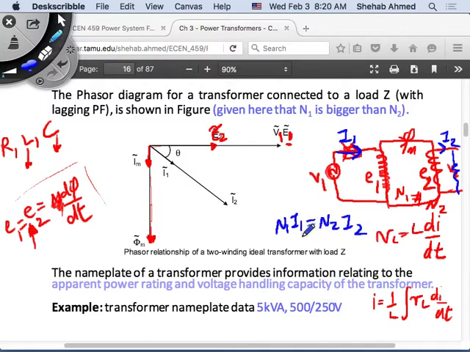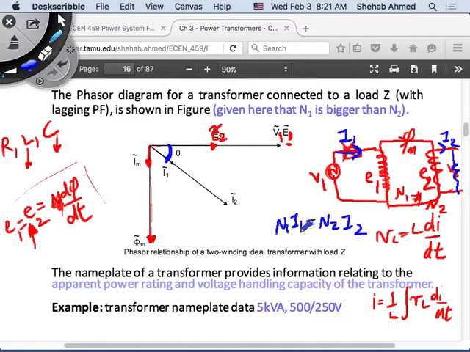So there will be a current I1 if there's a load connected as well. So here I just happen to have a load connected, and the power factor of that current, or the phase angle between the terminal voltage on the secondary side, which is V2 or E2 in this case, and that current will depend on the load itself, right?